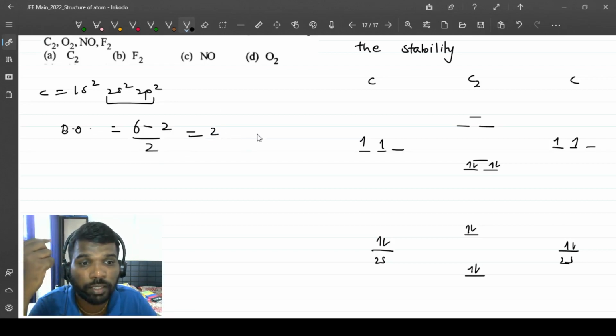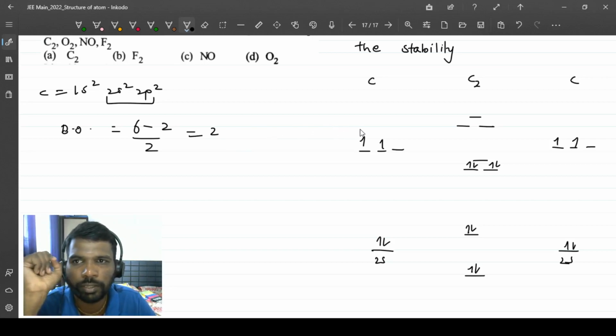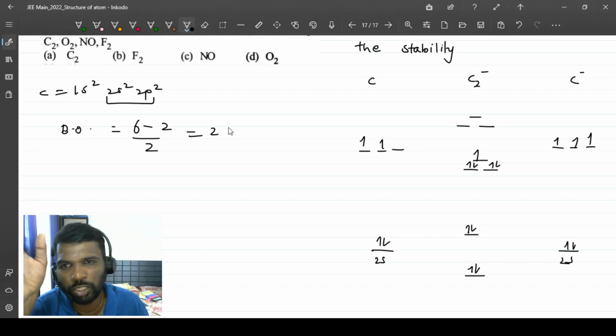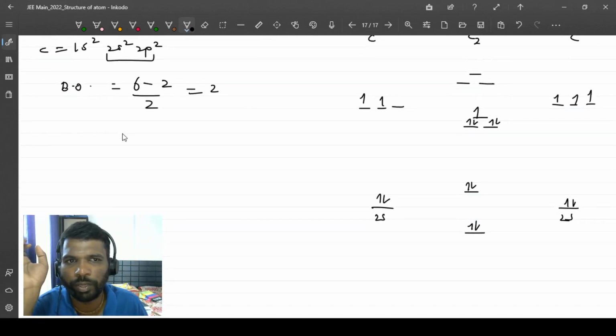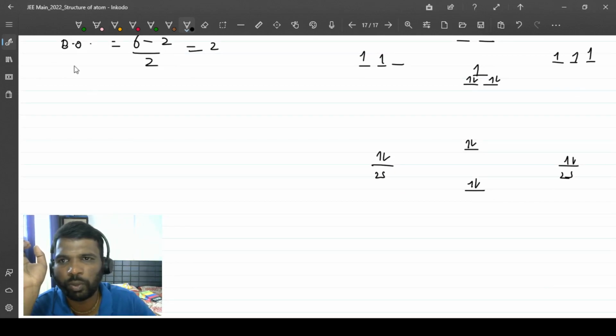If it is C2 minus, what I am doing is anion formation. This is minus, meaning I'm adding one electron. So where will the electron go? So this will become what?